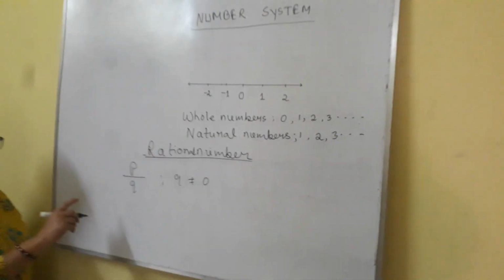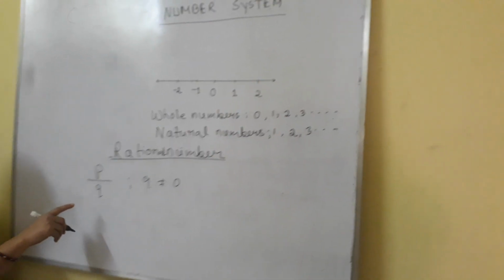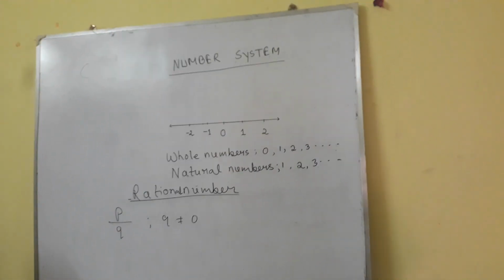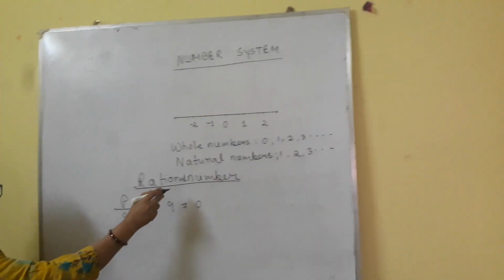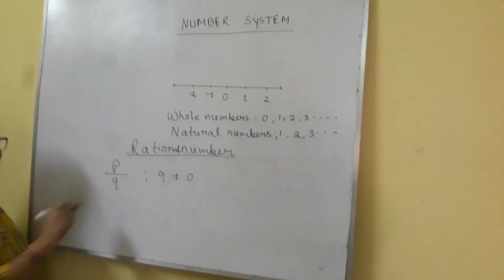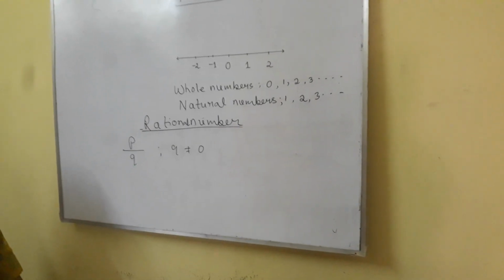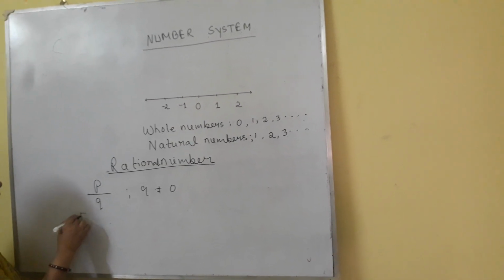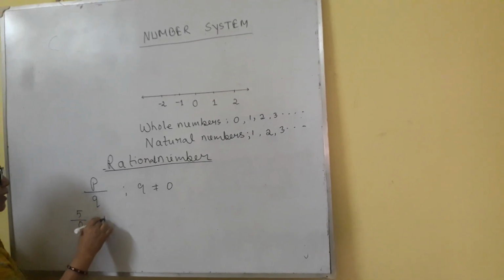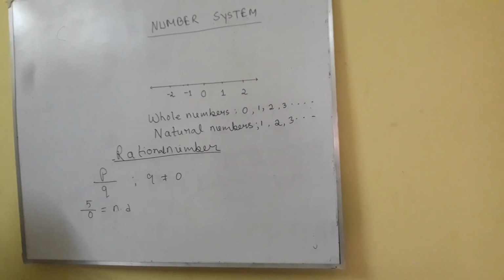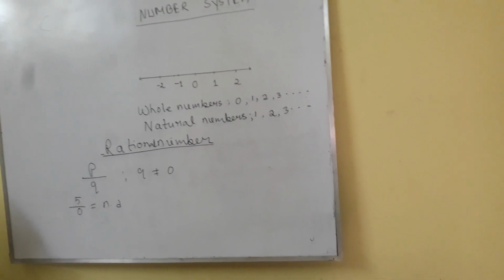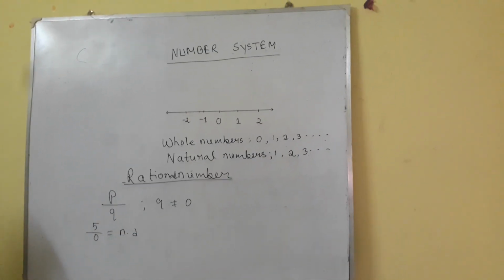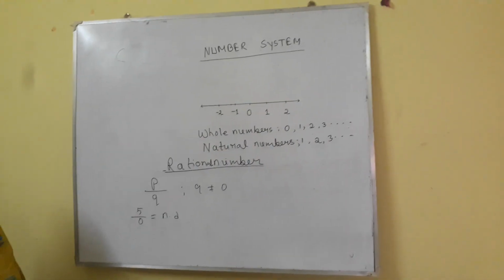That means any number we can write in the form of p by q, where q is not equal to 0, that is a rational number. When we write the rational number, we write q not equal to 0. That you can clearly understand. If we divide any number by 0, we get the term not defined. That means if I divide 5 by 0, we get not defined. So q must not be equal to 0. So this is another definition of a rational number. We can express the rational number in the form of p by q.